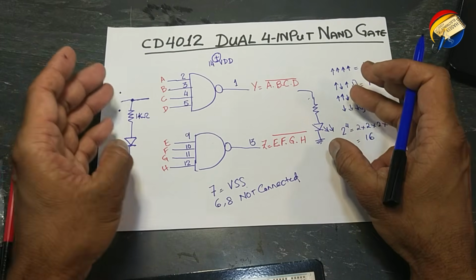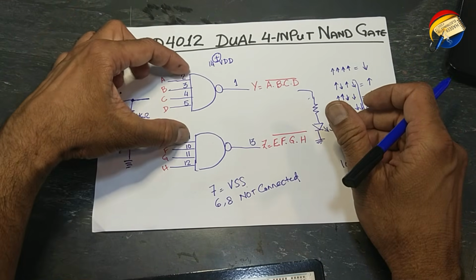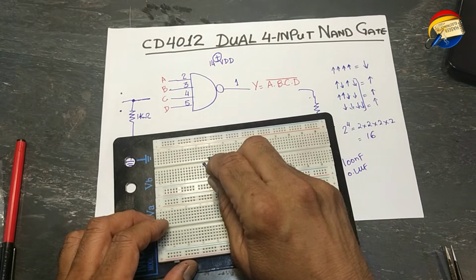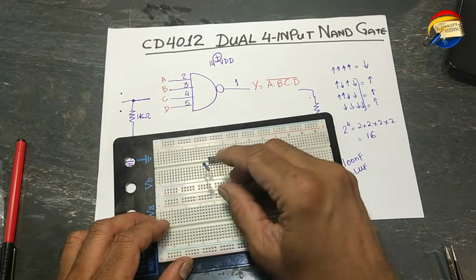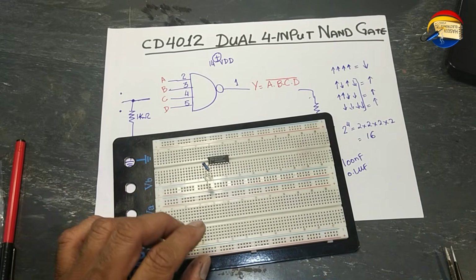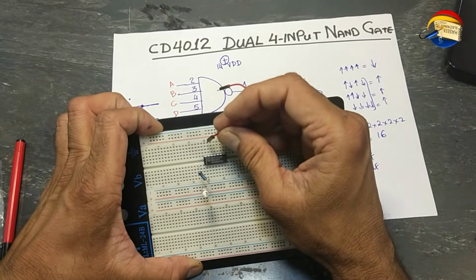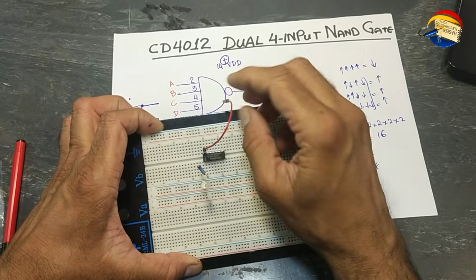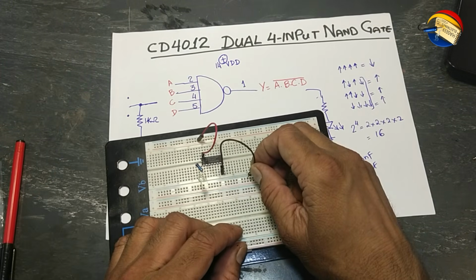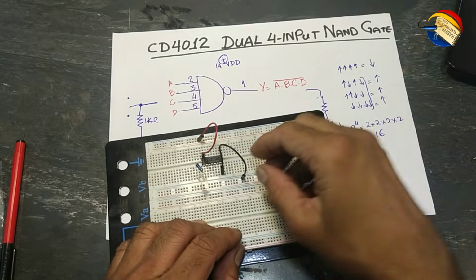To demonstrate the function, I will use one gate, either this or this. Pin 1 output, 1 kilo ohm resistor to the LED anode, cathode is grounded. And now we will connect positive supply at pin number 14. Pin number 7 to the return path.